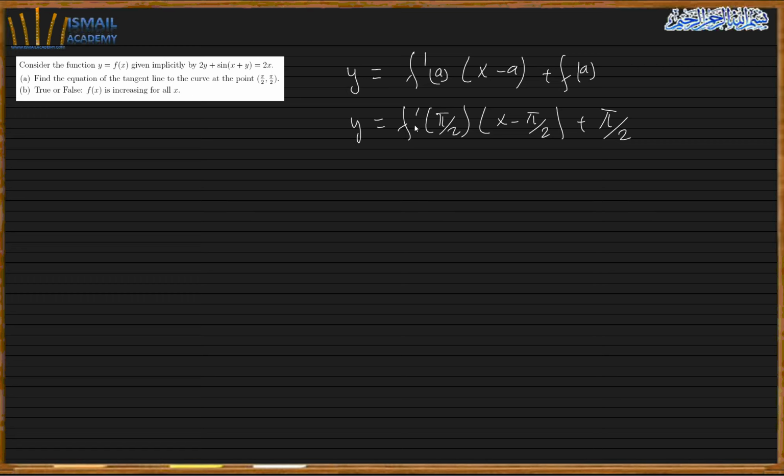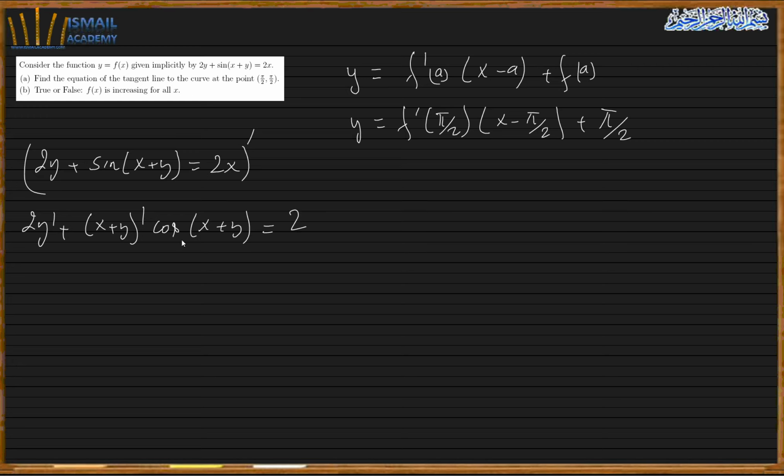Now what's missing is my derivative, so I just need to take the derivative here. So we have 2y plus sine of x plus y equal to x, so the derivative is going to be 2y prime. Here this is chain rule, so it's going to be x plus y prime times cosine of x plus y equal to 1.